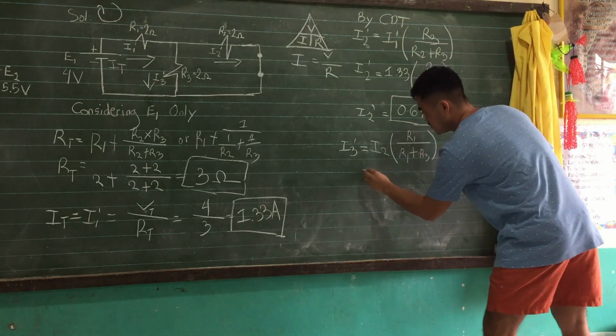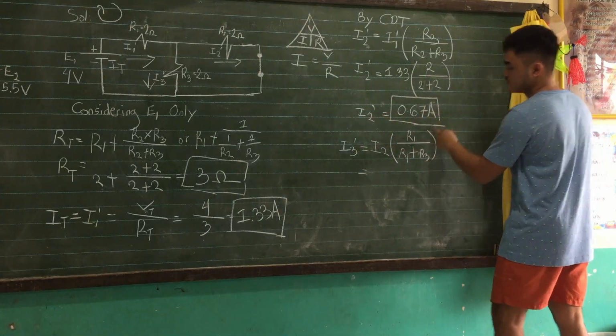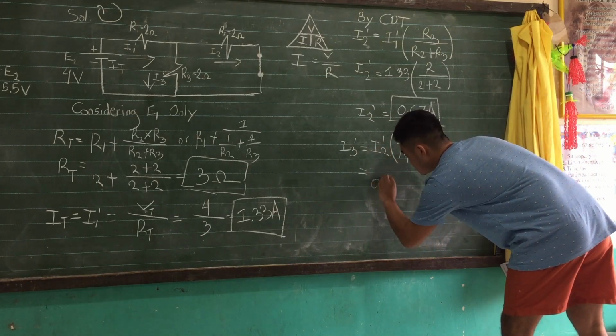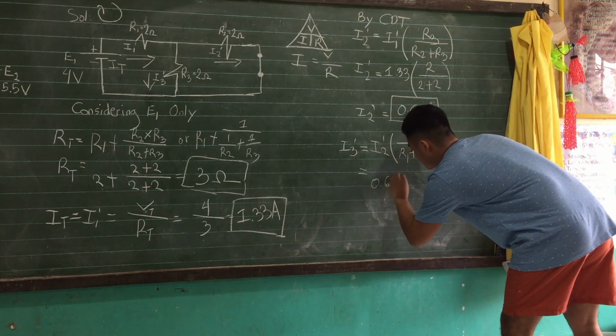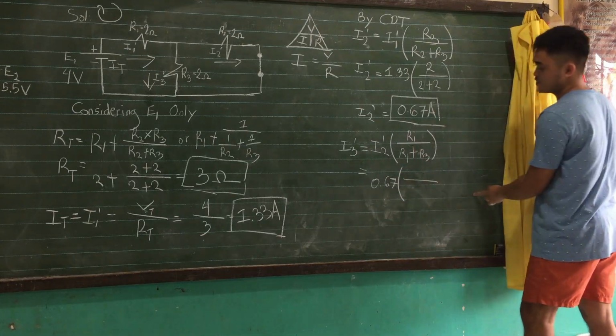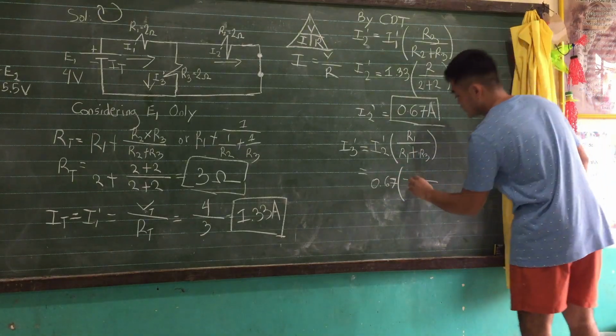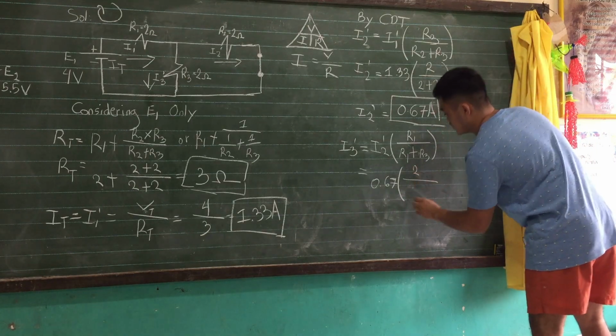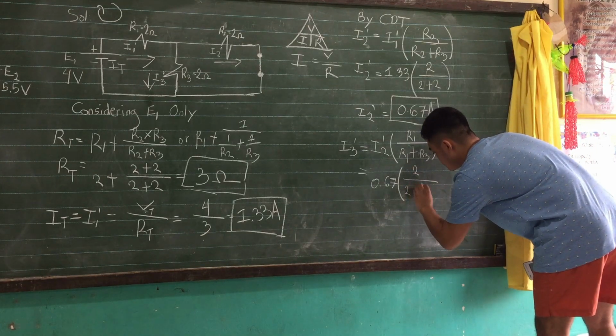By substitution, our I2 prime is equal to 0.67 multiplied by R1 over by R1 plus R3. Our R1 is equal to 2 ohms, and R1 plus R3 is 2 ohms plus 2 ohms.